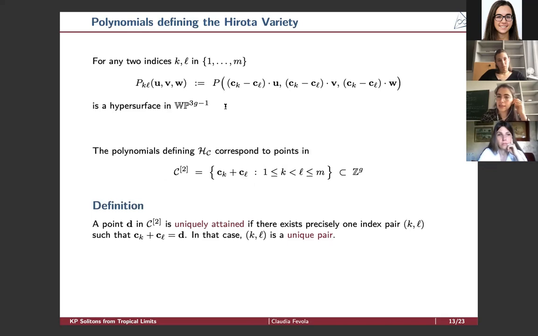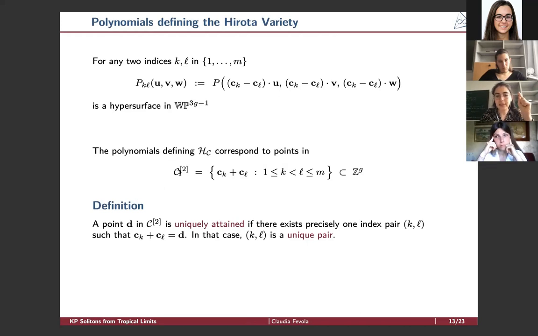And the thing is that just by looking at this set C2, for each point in C2, you can construct an equation that will give you, at the end, all the equations of the iota variety.